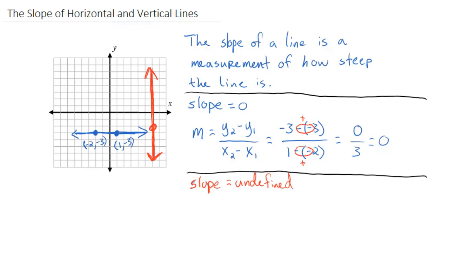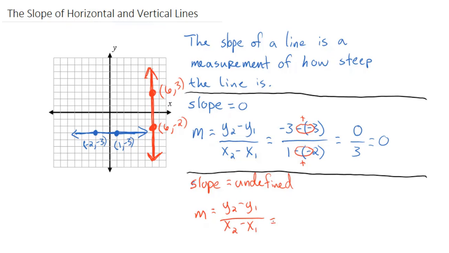So let me bold in a couple points here. That first point is the ordered pair (6, -2). And the second point is the ordered pair (6, 3). So again, when we apply our slope formula, we're taking the difference in the y's divided by the difference in the x's.